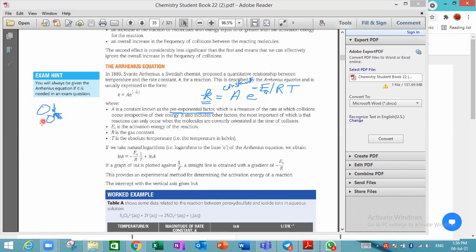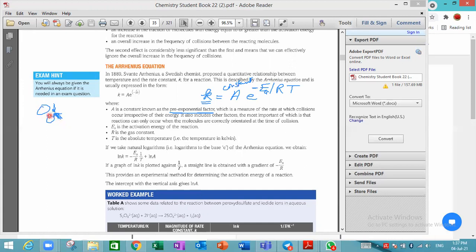It's a measure of the rate at which the particles collide, even if they don't have enough energy to form the product. It also includes the factor of how molecules are oriented with respect to each other when they collide.